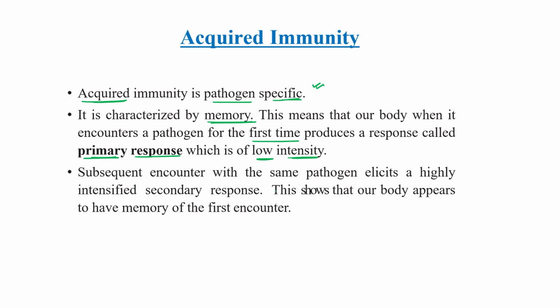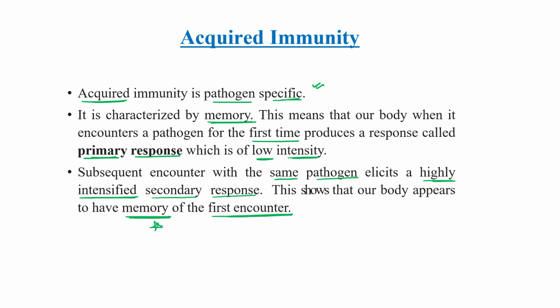But subsequently, if our body encounters the same pathogen again after some time, our body's response is highly intensified, and that response is known as the secondary response. What does this secondary response show? It shows that our body appears to have a memory of the first encounter.